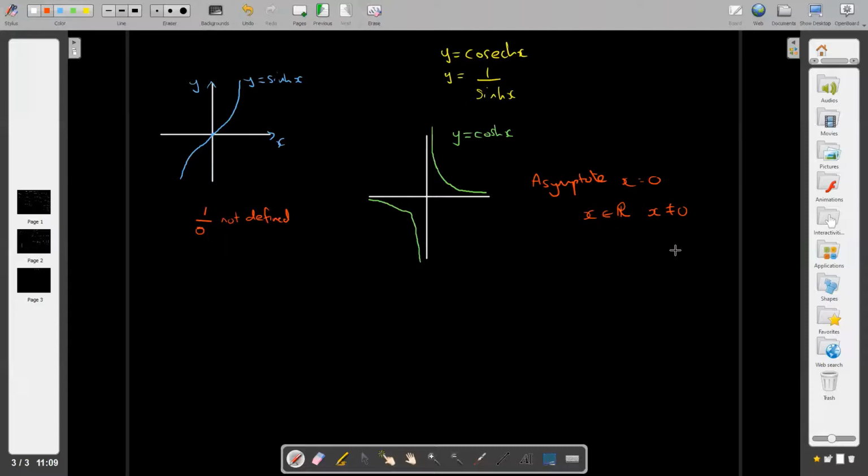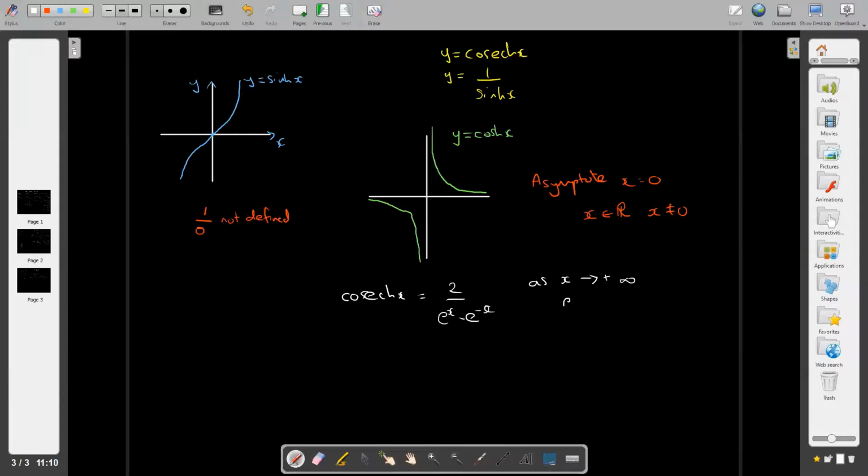How might this look if we try to consider it just with the exponentials, just for completeness? If we recall, cosech x would be 2 over e to the x minus e to the minus x. So as x tends to positive infinity, as x gets large to the right, what's going to happen?